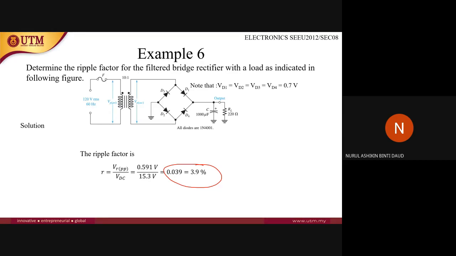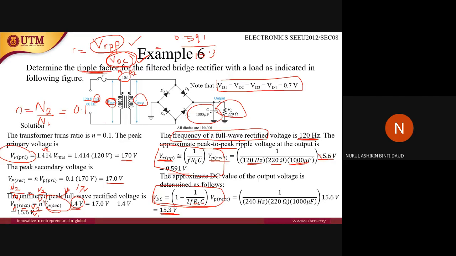Given just 60, but you have to be careful, even though it is given 60, this is a sine wave, right? So you have to take one full cycle, which will give you 120 hertz.